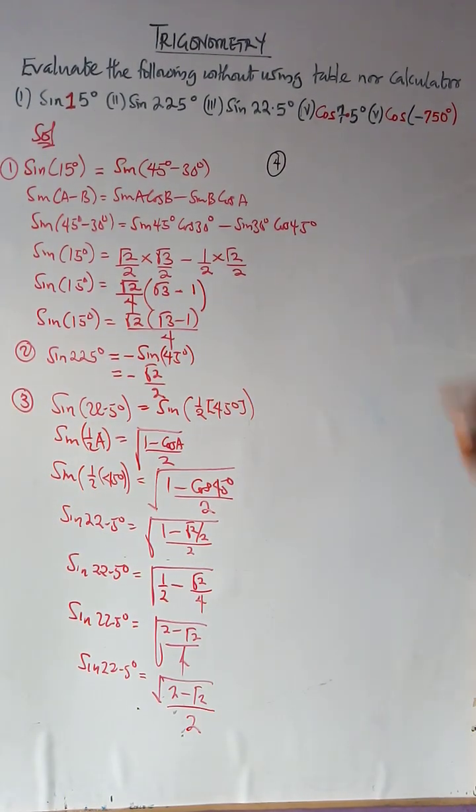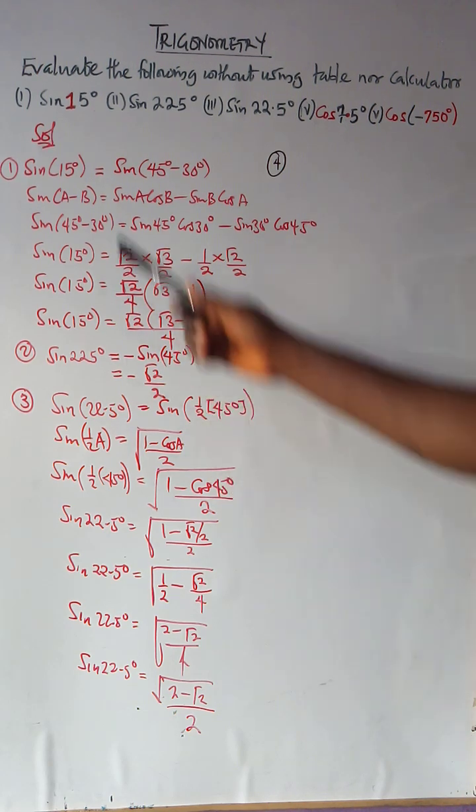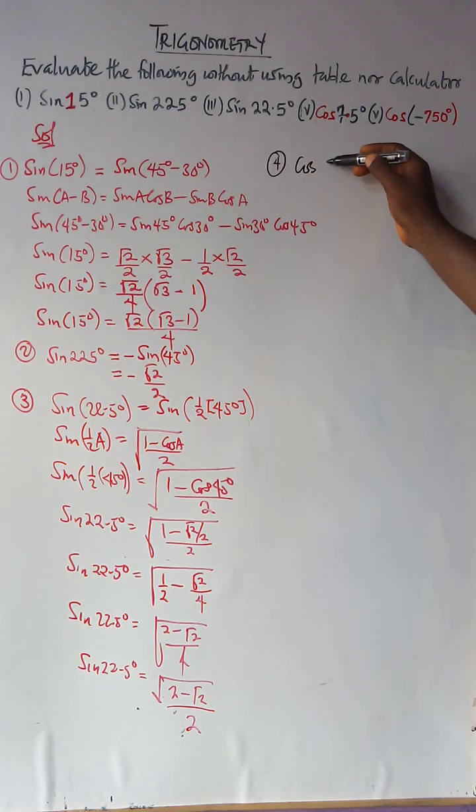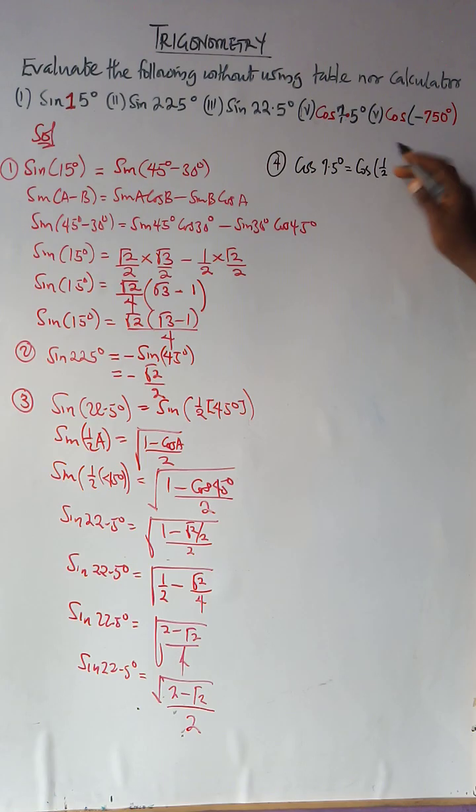The fourth one, cos 7.5. 7.5 is not a special angle. It's not half a special angle. It is actually half of 15. So we can say cos 7.5 is the same as cos of half of 15 degrees.